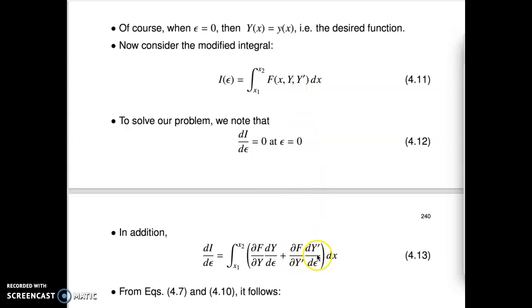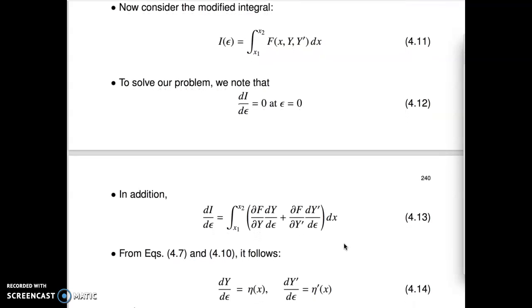Okay, so that means using the basic result of multivariate calculus for the chain rule, we have a second term, dF by dY primed, multiplied by dY primed by d epsilon. Again, note that this is a partial derivative because big F is a multivariate function of x, Y, and Y primed.